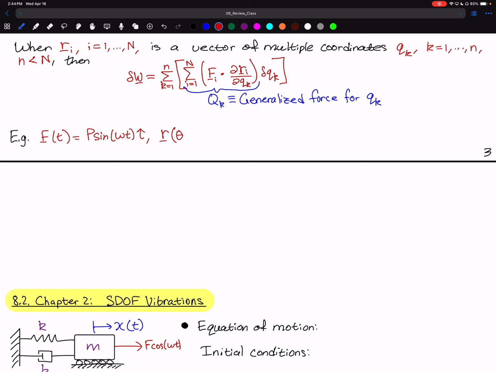Let's say r of theta 1, theta 2 is equal to the function sine of theta 1 minus theta 2 plus the cosine of theta 2, all of that in the i hat direction, plus cosine theta 1 j.